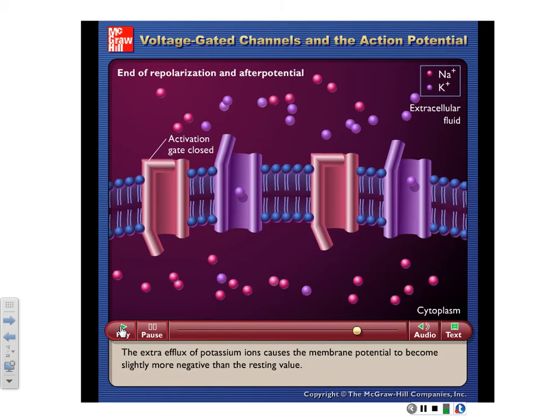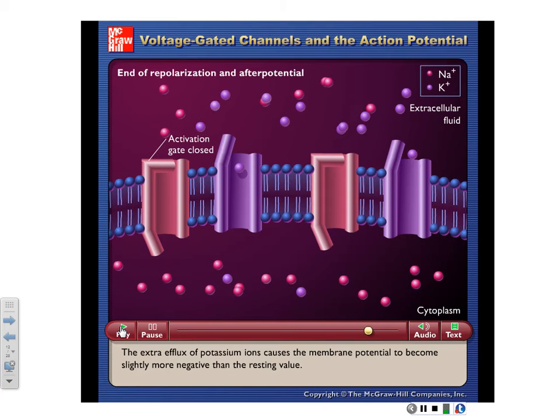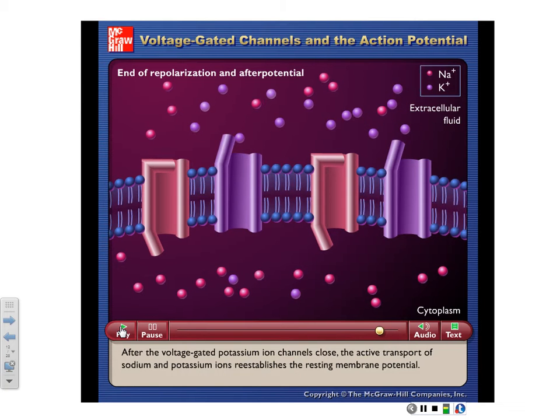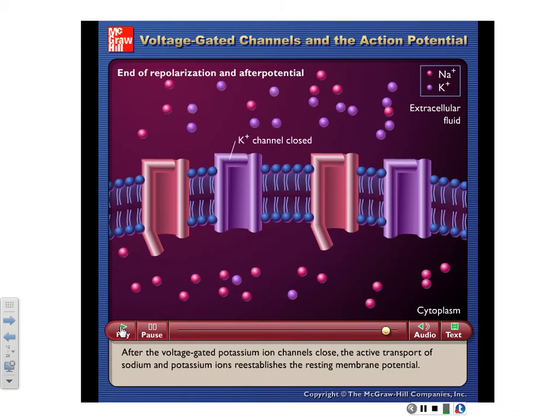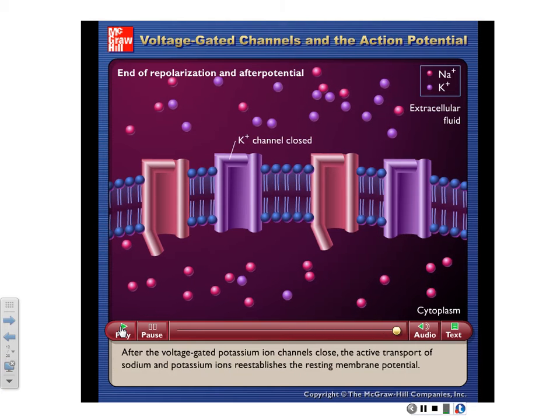The extra efflux of potassium ions causes the membrane potential to become slightly more negative than the resting value. After the voltage-gated potassium ion channels close, the active transport of sodium and potassium ions reestablishes the resting membrane potential. So that little dip that goes under toward the end of the graph is called hyperpolarization, because you've separated the charges a lot more than minus 70. That comes back though when the sodium-potassium pump reestablishes the resting conditions, right?